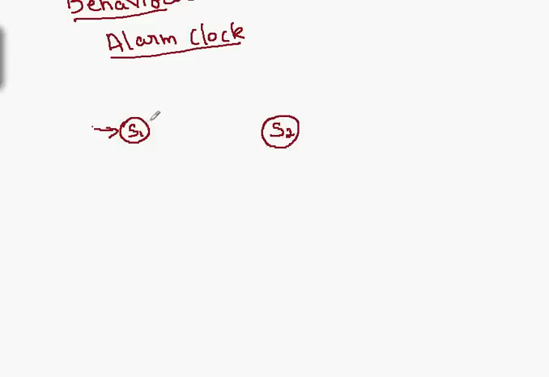Sometime in the day, I set my alarm. Here set is an action. I set my alarm, and the alarm starts to ring at the time which I have set. Ring is an action here.